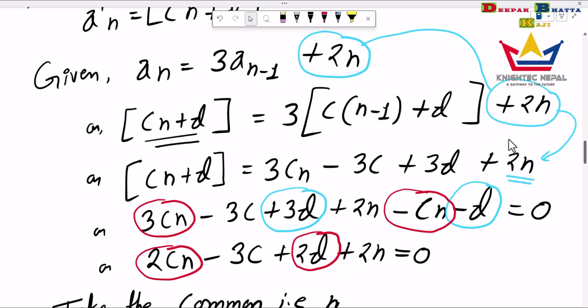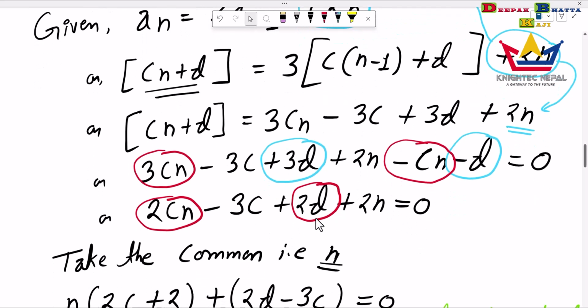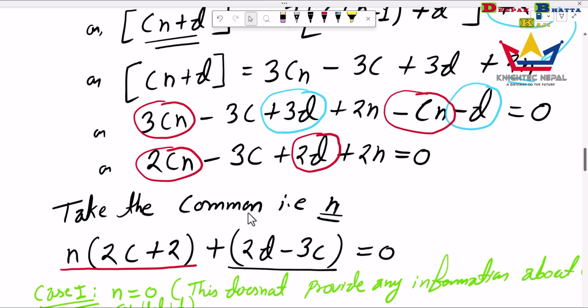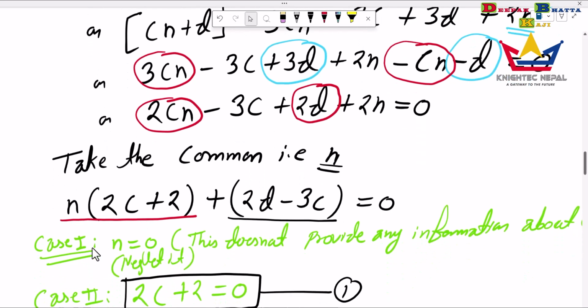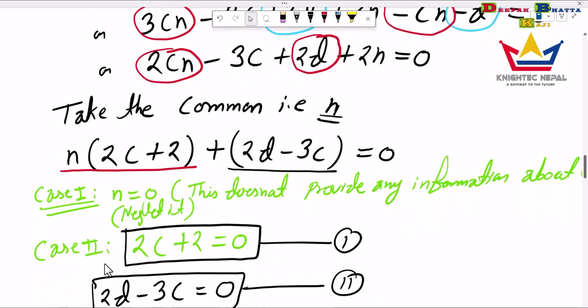So we take the same terms and subtract them to find the final equation, and take n common. We have three cases: case 1, case 2, case 3. That is n equals 0, which does not provide any information, so we neglect it. So we have just two parts: 2c plus 2 equals 0 and 2d minus 3c equals 0. The n term does not have any constant value, so we remove it.